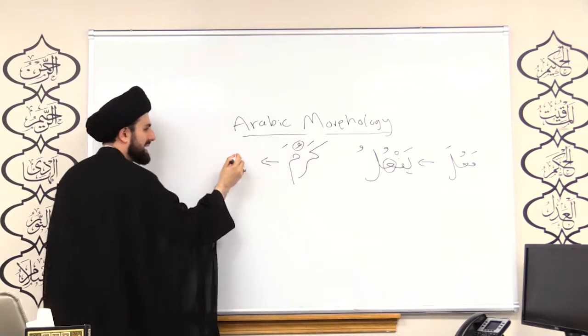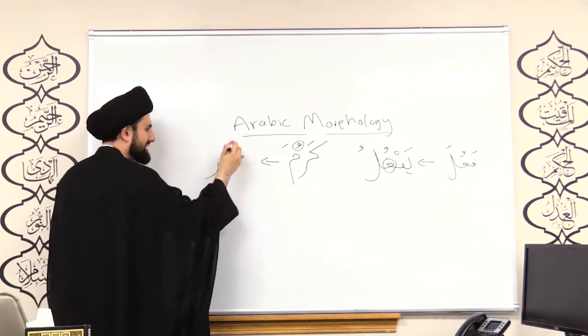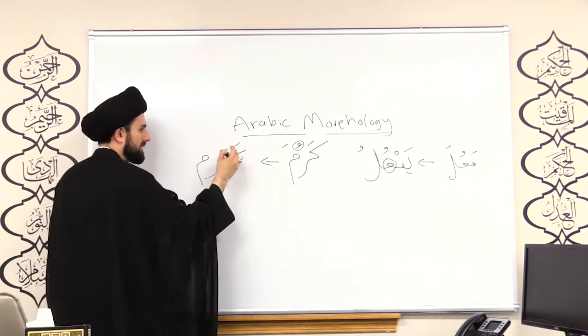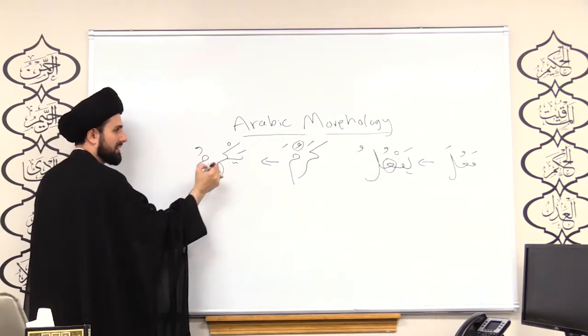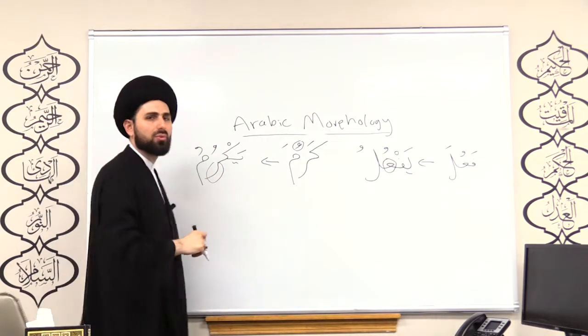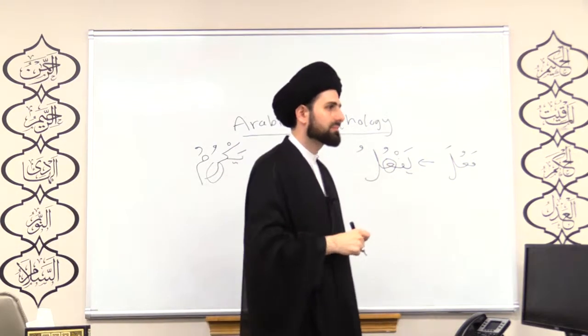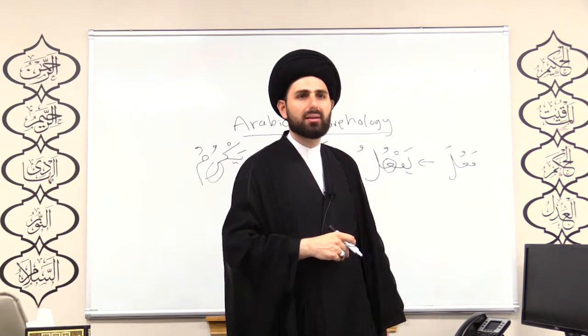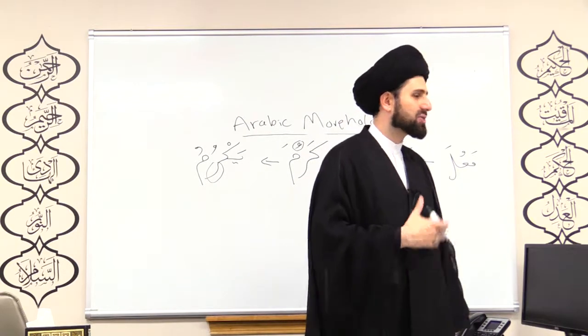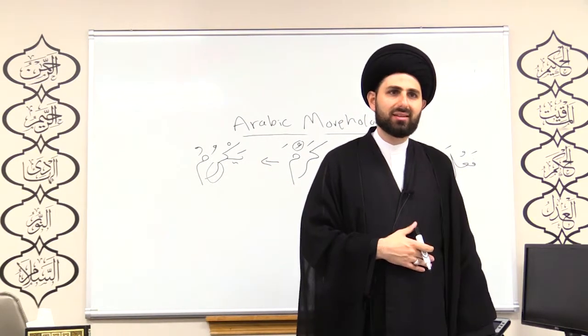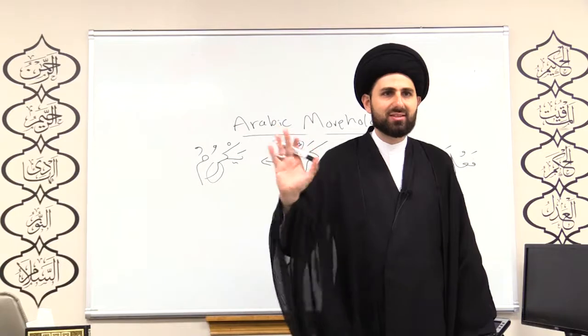So if you want to make it present tense mudari', what do you put on the ra over here? Dhamma, yakrumu. Ba'uda, he became far. Yab'udu. Qaruba, yaqrubu. These are all variations. This is fixed.